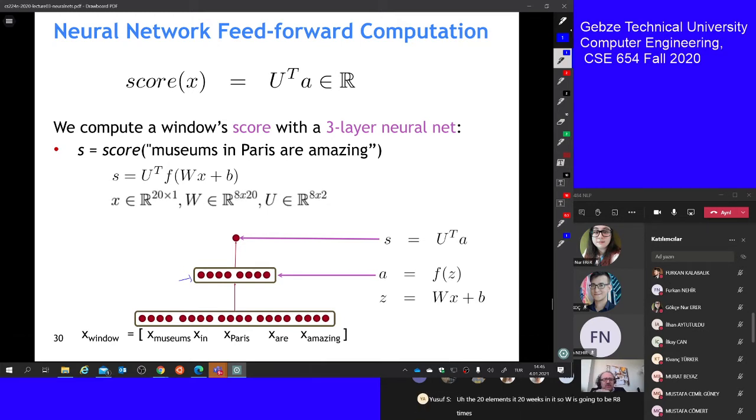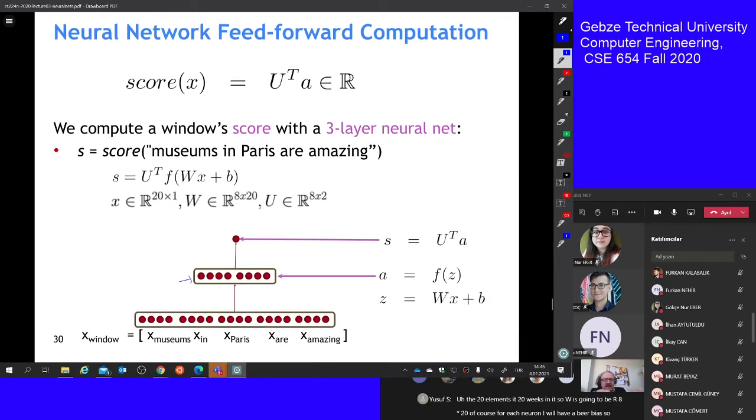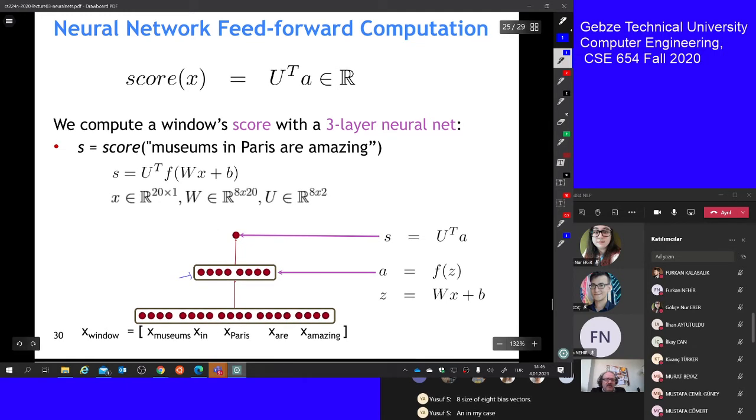Of course, for each neuron, I will have a bias, so there will be a size 8 bias vector. And in my case, U is going to be, if I am doing the softmax, of course, with the softmax, I have 2 classes. And 8 is going to be my input to the softmax this time. So 8 times 2 is going to be my softmax weights.